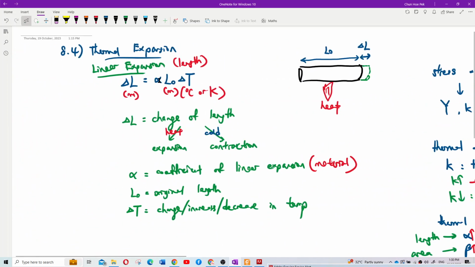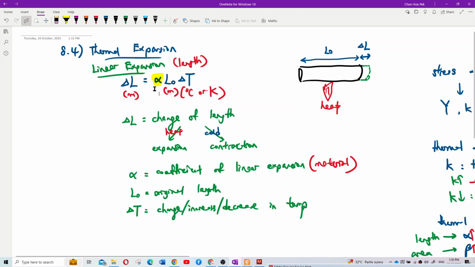Okay, so now we can find the unit for alpha. This is for your exam. Normally they ask what's the unit for alpha, then you need to find it out. In some subjective questions, maybe he asks you to determine the value of alpha, so your final answer must have the unit.